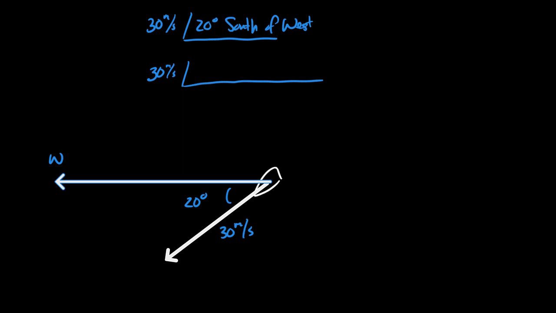All right. Well, we know that the other angle is going to be what? And what direction would I face first? And then what direction would I turn? So I'd turn towards the west. What direction would I face first?